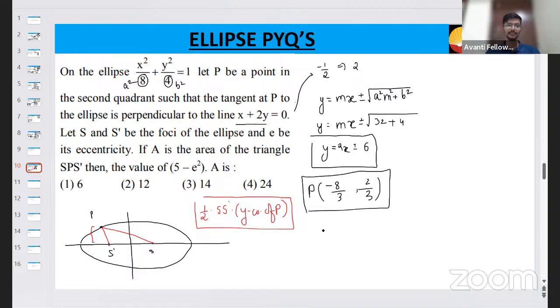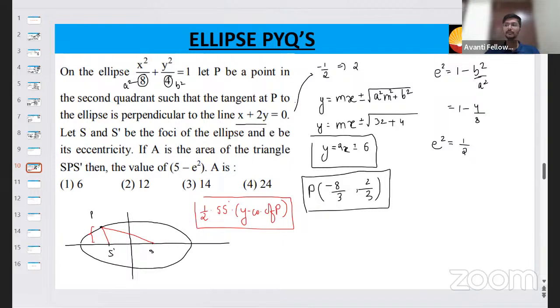So the area of triangle, now we need eccentricity. E square is 1 minus b square upon a square. So 1 minus 4 by 8, which is 1 by 2.